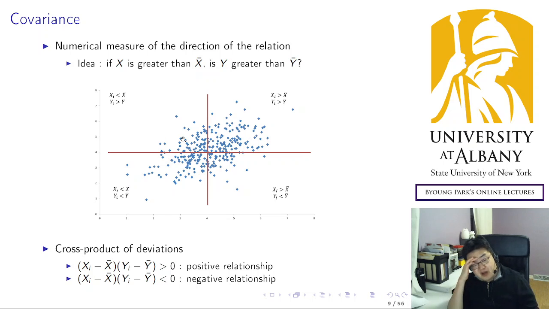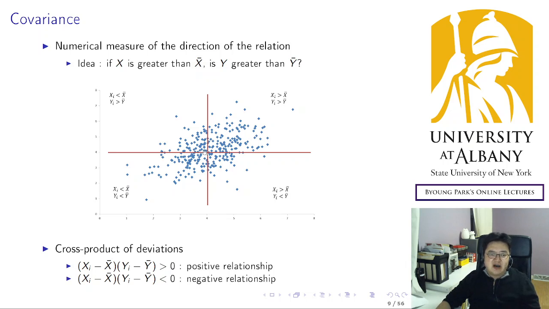The problem is that some observations imply a positive relationship and others imply a negative relationship. If all the observations were only on the first side, it would be easy to tell, but almost always you will see some observations in every quadrant.